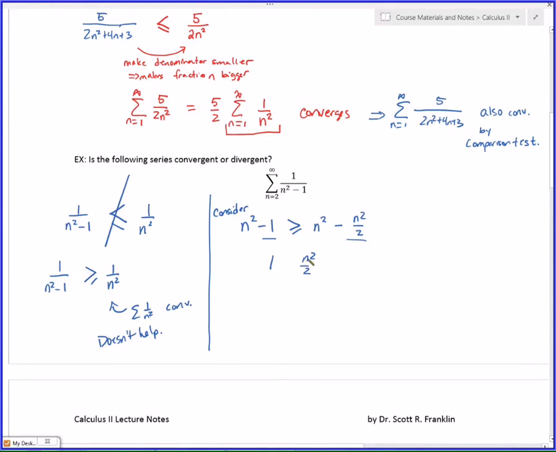But once I get to 2, n squared over 2 becomes 2. If I plug in 3, n squared over 2 is 9/2, which is a lot bigger than 1. And then 4, 16 over 2, 25 over 2, 36 over 2. This is bigger than or equal to that for all n bigger than or equal to 2.